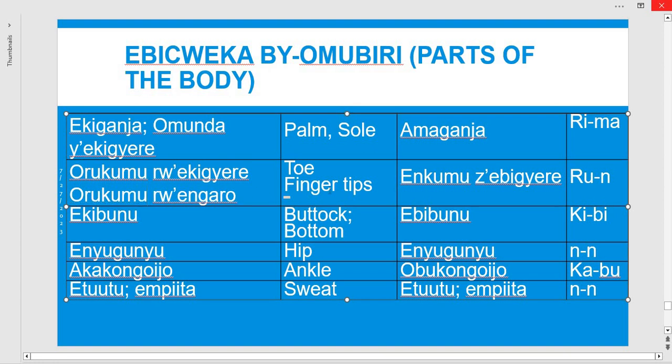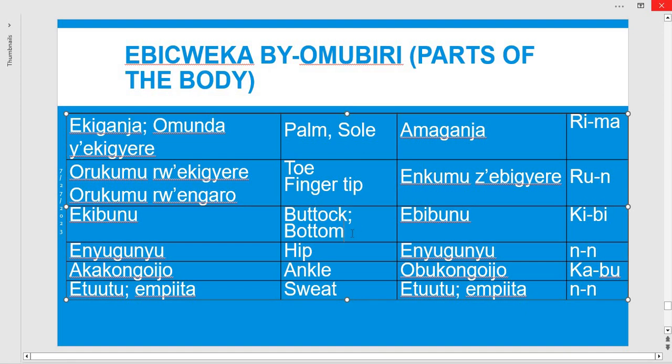If it is one, it is called orukumu rw'engaro, that's a fingertip. If there are many, enkumu z'engaro, you call that. Then we have echubunu, that's a buttock, or the bottom.